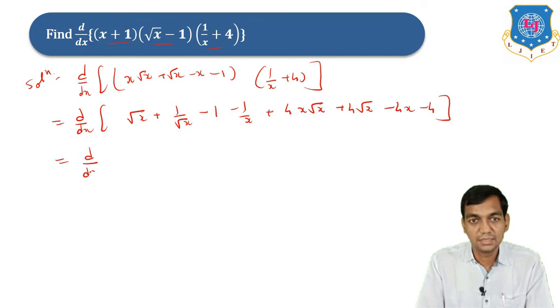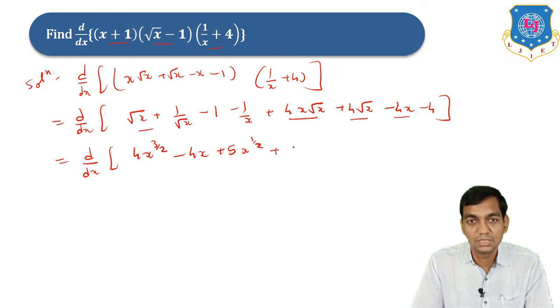So d by dx of, first we are writing this 4x raised to 3 by 2, then minus 4x, then terms with root x is 5 root x, that means 5x raised to 1 by 2, then the term with 1 upon root x, that will be plus x raised to minus 1 by 2.